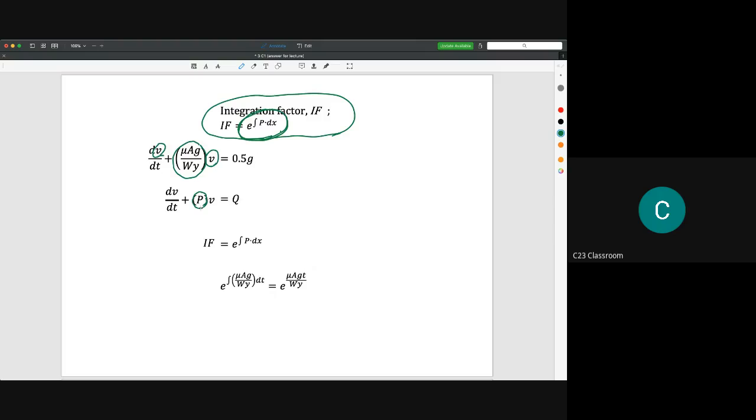We substitute mu a g over w y like this, and then integrate in terms of time dt. Because we want dt, we replace the dx here with dt, so we get e to the power of mu a g t over w y.